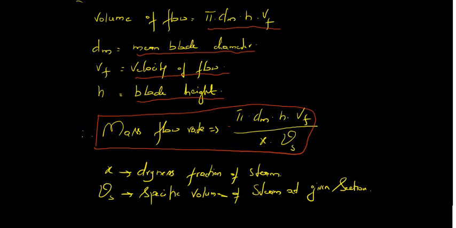If the volume of flow is known to you, then you can find the blade height. If you know the blade height, then automatically you can find the value of mass flow rate, right? Am I clear?